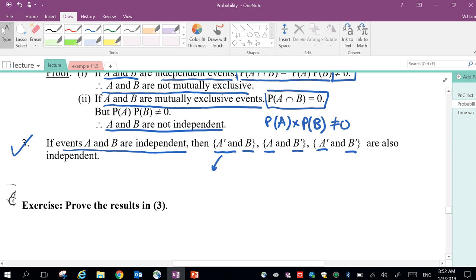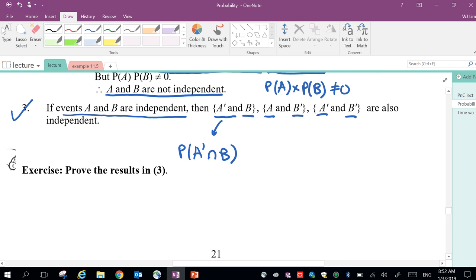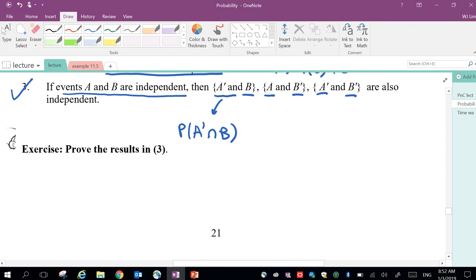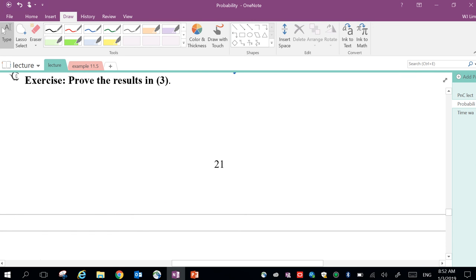So I'm going to prove the first one, A prime intersect B. If you want to prove A prime and B are independent, what must you have at the end?